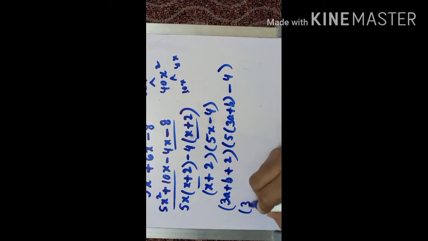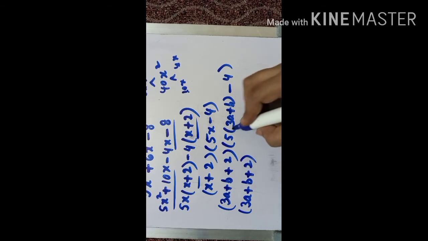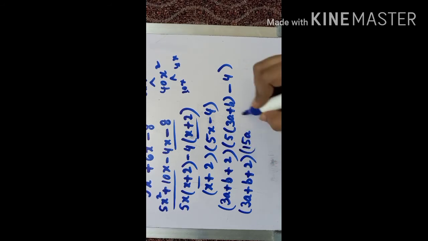Now this part you write as it is, (3a + b + 2), and here multiply (3a + b) into 5: 5 threes are 15a, plus 15b, minus 4.